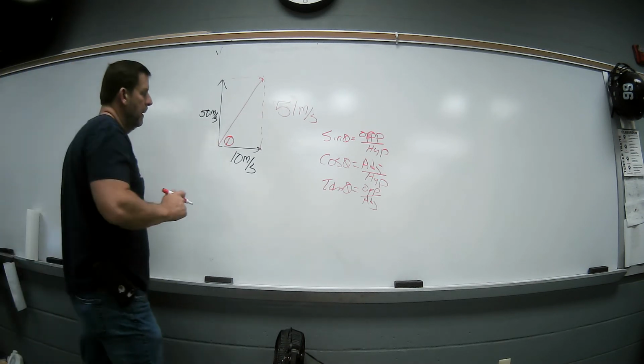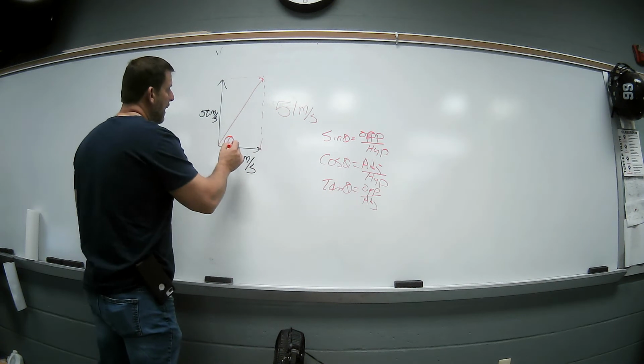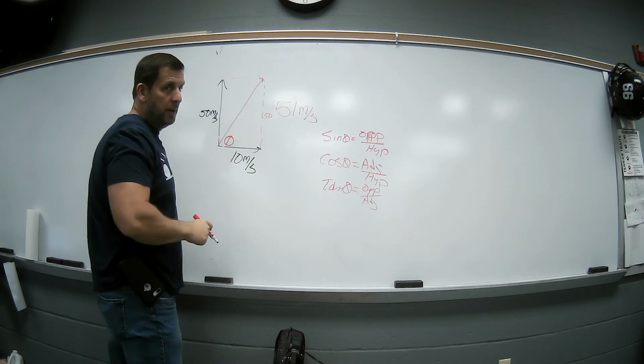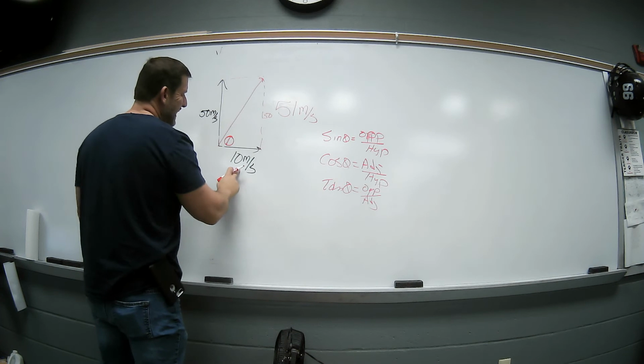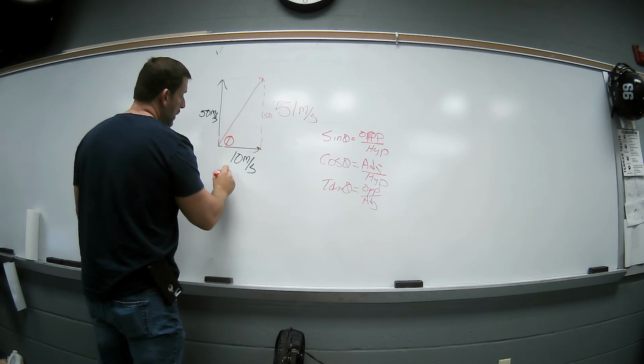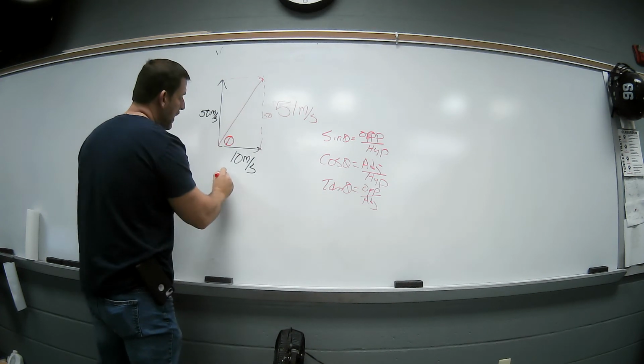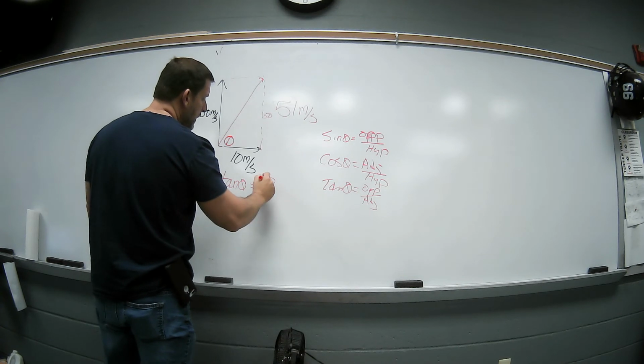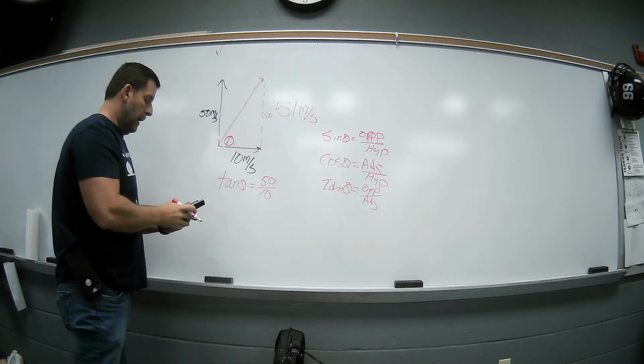All right, so here's what I need to find. This side is actually 50 because it's a rectangle. We know this is 10. So here's what I'm going to do. I know opposite and I know adjacent. Tangent of theta is equal to 50 over 10. All right.